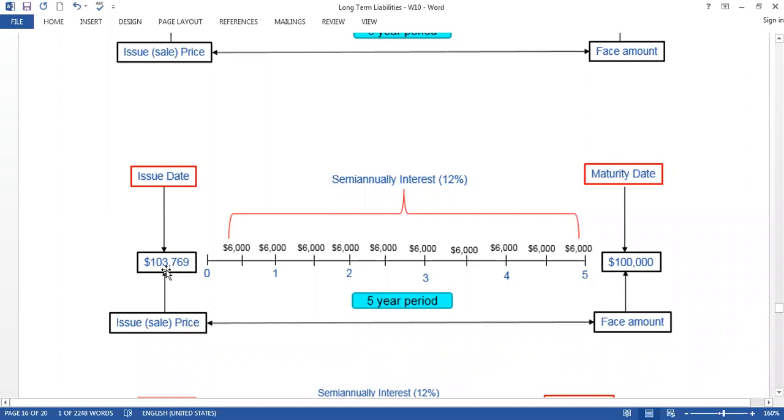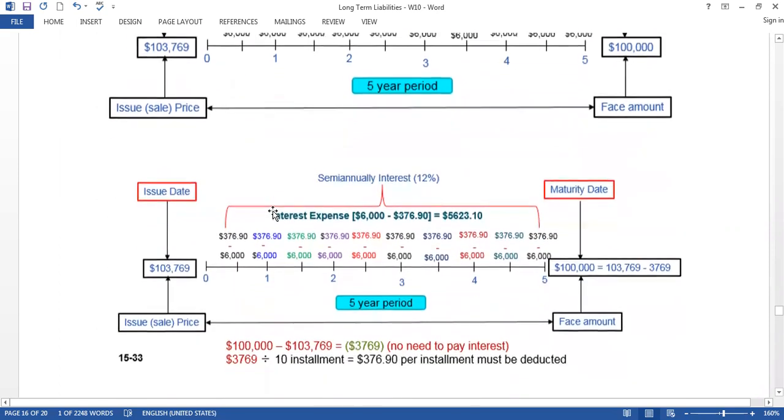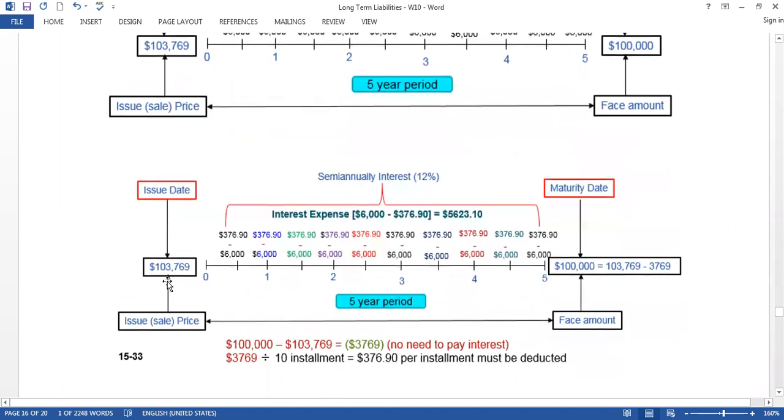So $103,769. This is good news. Why is it good news? Because we need not pay some money. What is the amount? Look here. You receive $103,769, but at the maturity date, you are going to pay $103,769 minus $3,769, minus sign.